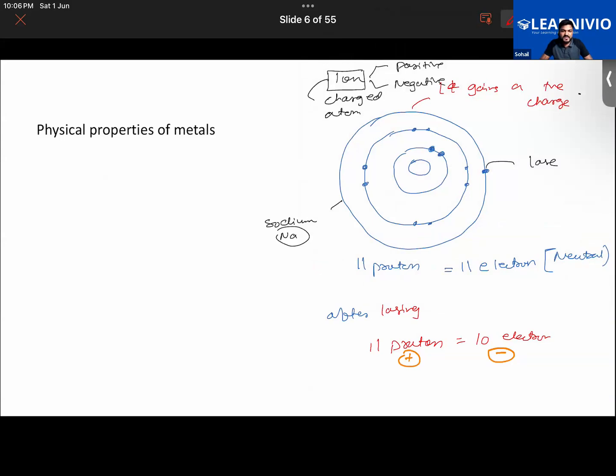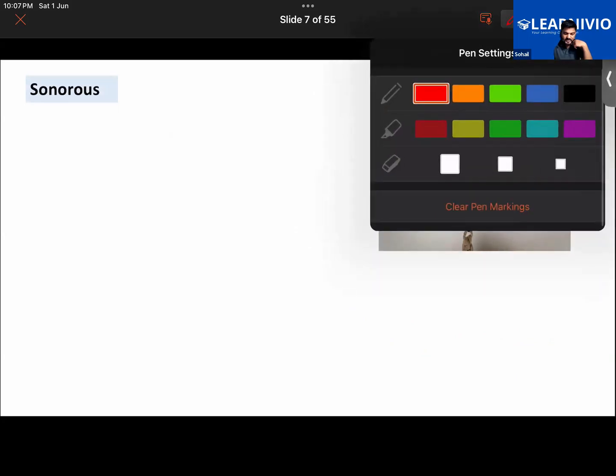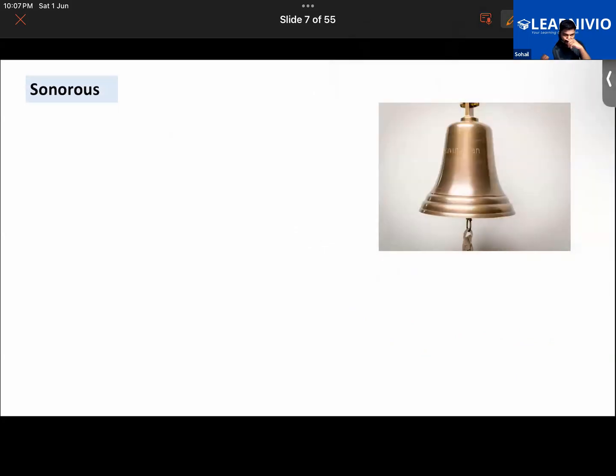Let us understand the physical properties of metals. The physical properties of metals are as follows. Metals are going to be malleable. Metals are also going to be sonorous, meaning that when they are struck, they produce a sound.